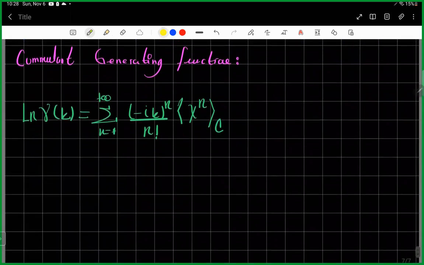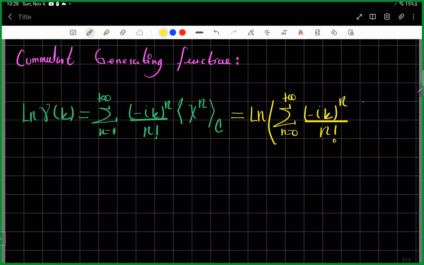But this is as well equal to the natural logarithm of the sum from n equal to 0 to plus infinity of minus I k to the power of n divided by n factorial times the expectation value of x to the power of n.